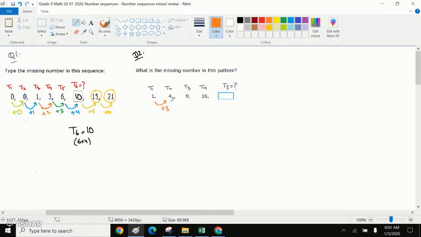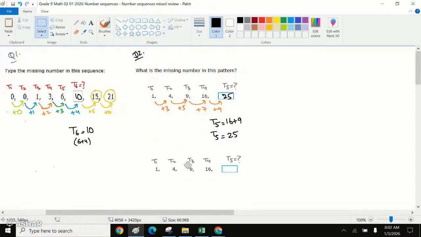This is plus 3, this is plus 5, this is plus 7, then this should be plus 9. Do we agree? So term 5 equals 16 plus 9, which comes out to be 25. This answer should be 25.